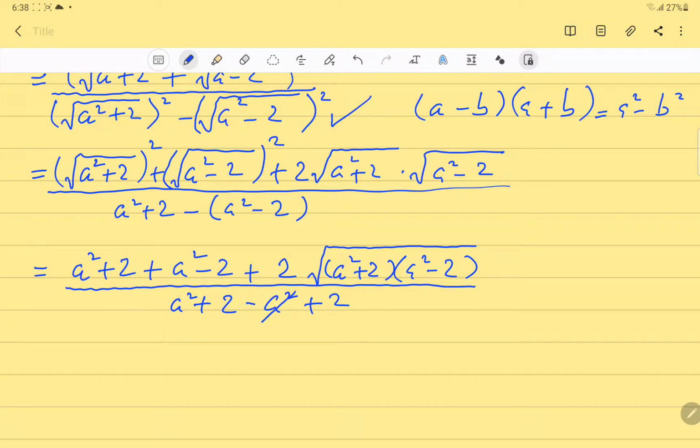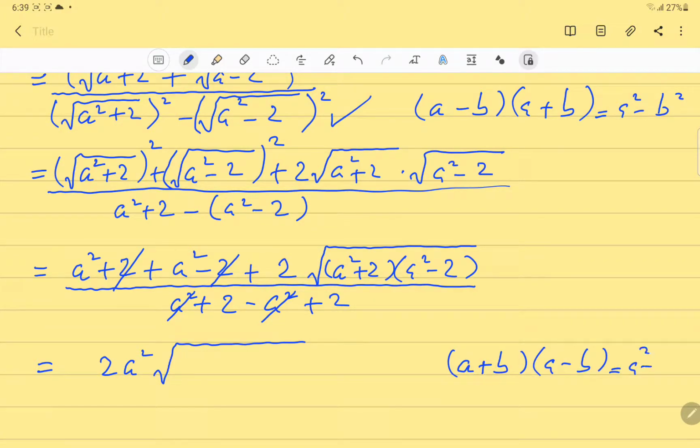Here a square cancels with a square, and on the top minus 2 cancels with minus 2. So a squared plus a squared is 2a squared. Within the bracket again we have the same situation, a plus b into a minus b is equal to a square minus b square.